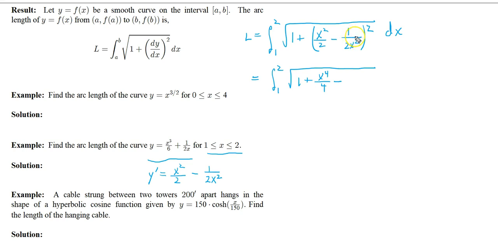And then when I go this term times that term, foiling it out, I'm going to get another negative 1/4. So that's where that negative 1/2 comes from. And then this term times itself is going to be, now 1 minus 1/2 is going to be positive 1/2.